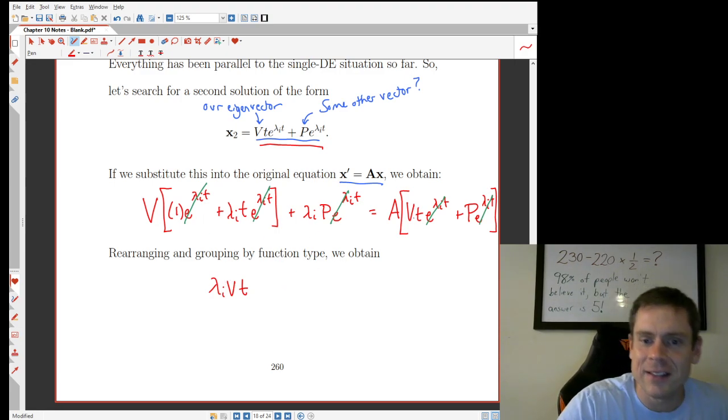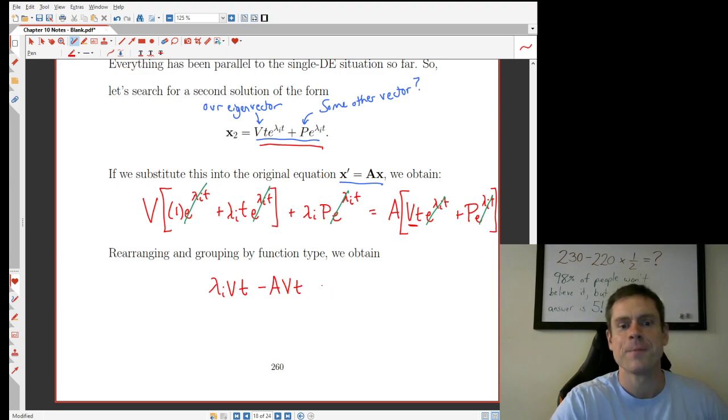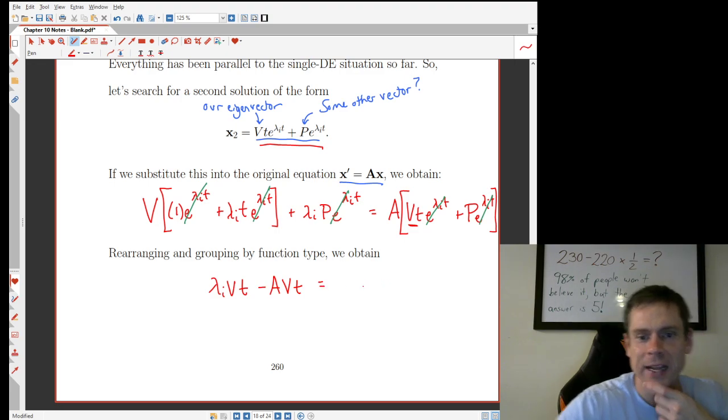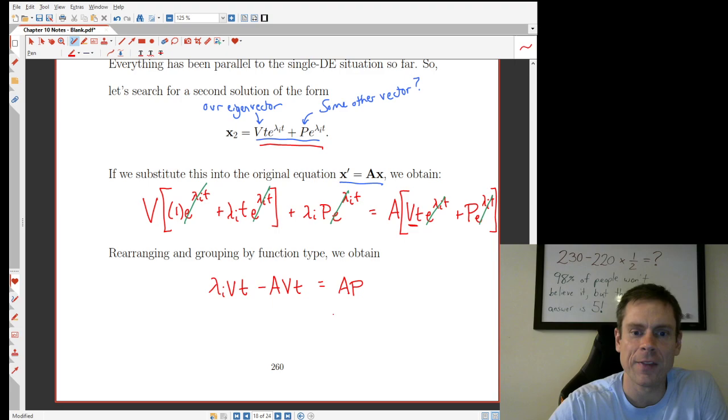But I'm going to take the t term from this side and bring that over as well. So I think we get here minus A v t, just like that. All right, I'm going to sweep the other terms to the right-hand side, and we'll see what happens. So I think we have an Ap. Some of you will have taken AP calculus before this, not the same AP.